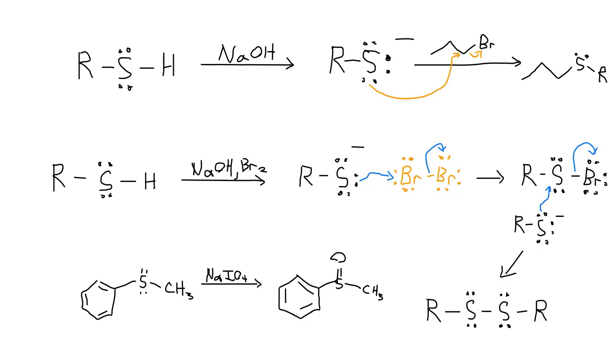If you had a similar thing and used H2O2, hydrogen peroxide, you would get something called a sulfone. These are a little bit weird, but because sulfur can have an expanded octet, unlike oxygen and carbon, you end up with a double bonded O on top and a double bonded O on bottom.